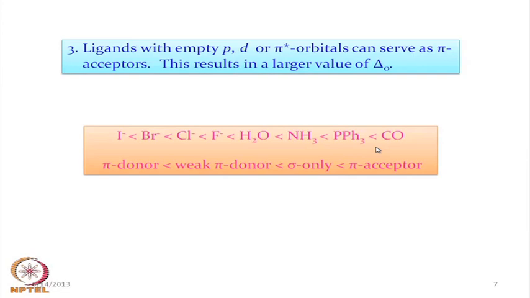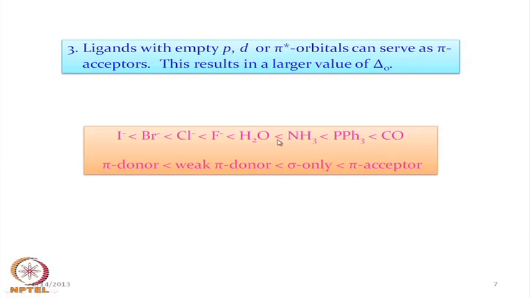We have taken out this part of the spectrochemical series for this justification: if we have only sigma donors, such as ammonia and water, these can be considered typical sigma donors only. They are in the central part of the spectrochemical series, because we can also ask how we can justify the spectrochemical series in terms of ligand field theory.